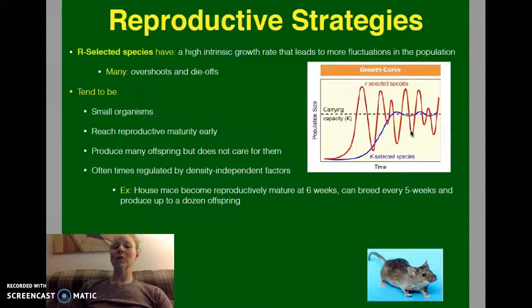So if we go to our mosquitoes or insects, oftentimes mice, these are going to be smaller organisms. They have lots of offspring. Oftentimes they do not take care of their offspring. So if you have fish in the ocean, they're going to lay thousands of eggs, but they're not going to care for their eggs. And so fewer are going to survive, so it makes sense to produce as many eggs as possible. And so here, this graph is going to be affected by the density-independent factors.